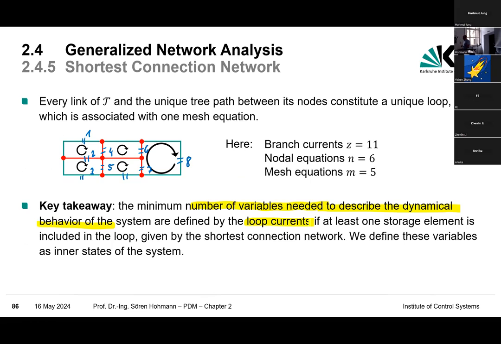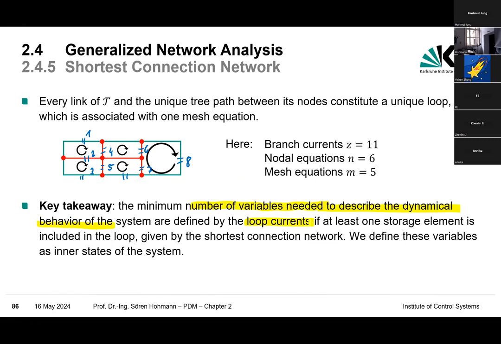So the number of loop currents minus the number of loops with just dissipative elements defines the number of states needed to define the entire system.